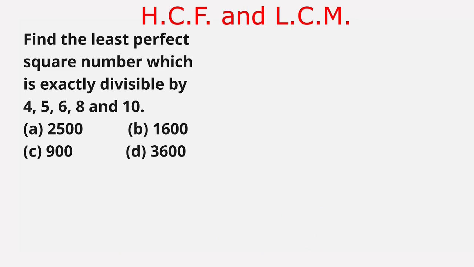First we will find the LCM of given numbers. The given numbers are 4, 5, 6, 8 and 10. As 4 is already included in 8 and 5 is already included in 10, so we will find the LCM of 6, 8 and 10.